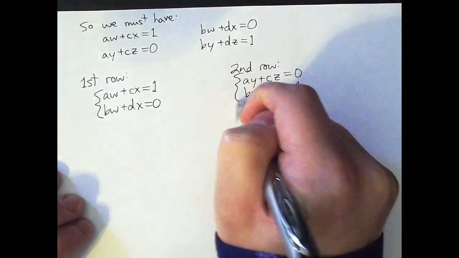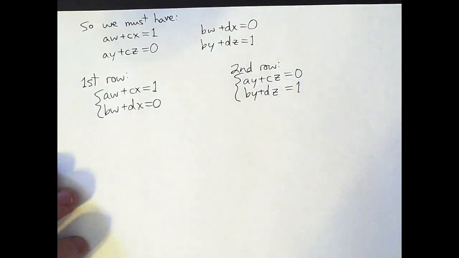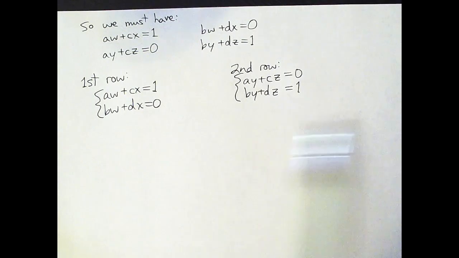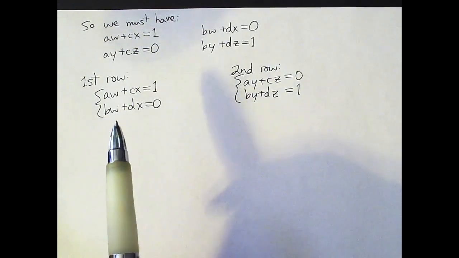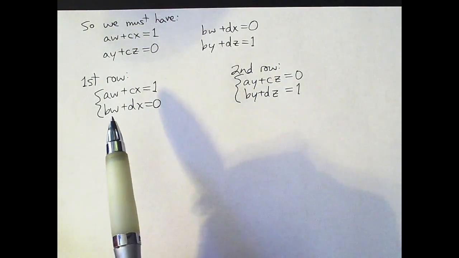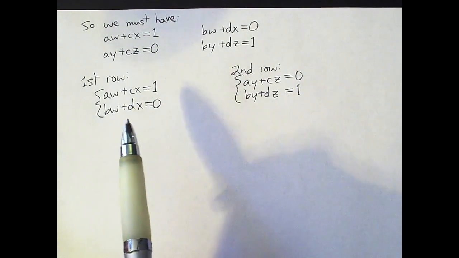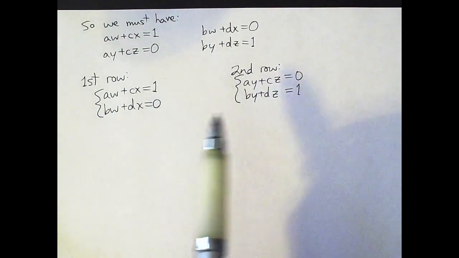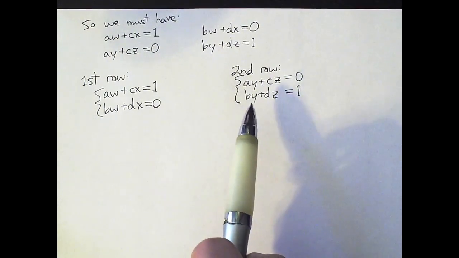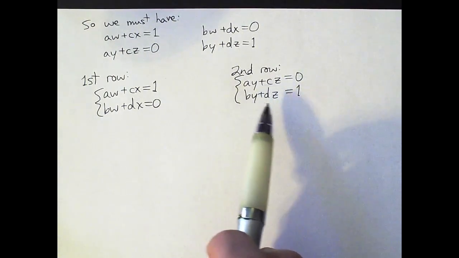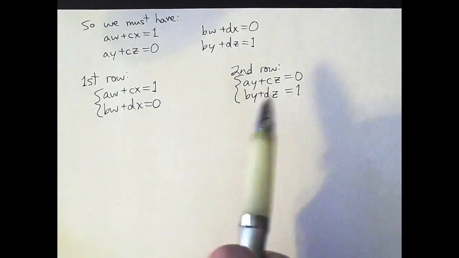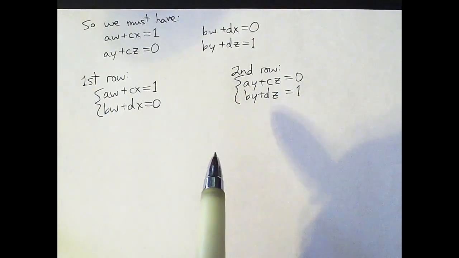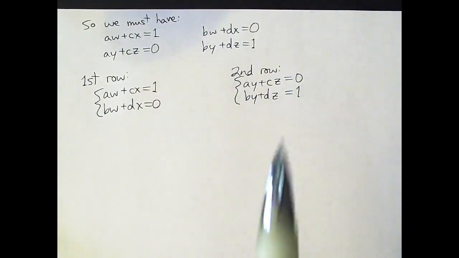The reason I'm splitting it up into 2 smaller systems is because the one on the left is a system of 2 equations with 2 unknowns, W and X. The one on the right is a system of 2 equations with 2 unknowns, Y and Z. So it seems easier to work with these as separate problems instead of one really big problem.